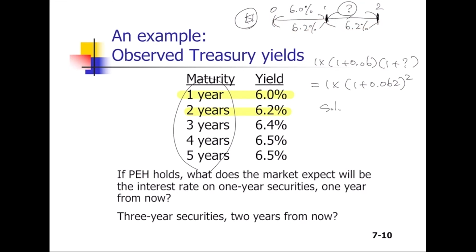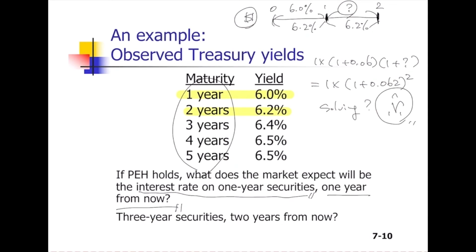And solving for the question mark, that is the interest on 1-year securities 1 year from now. We usually write R11 and take a hat because we don't know it now. And we also call this the 1-year forward rate.